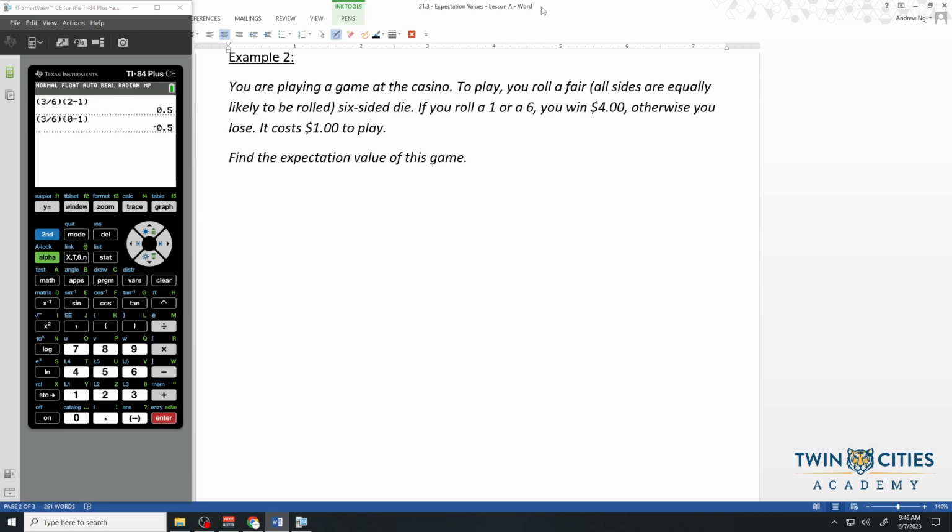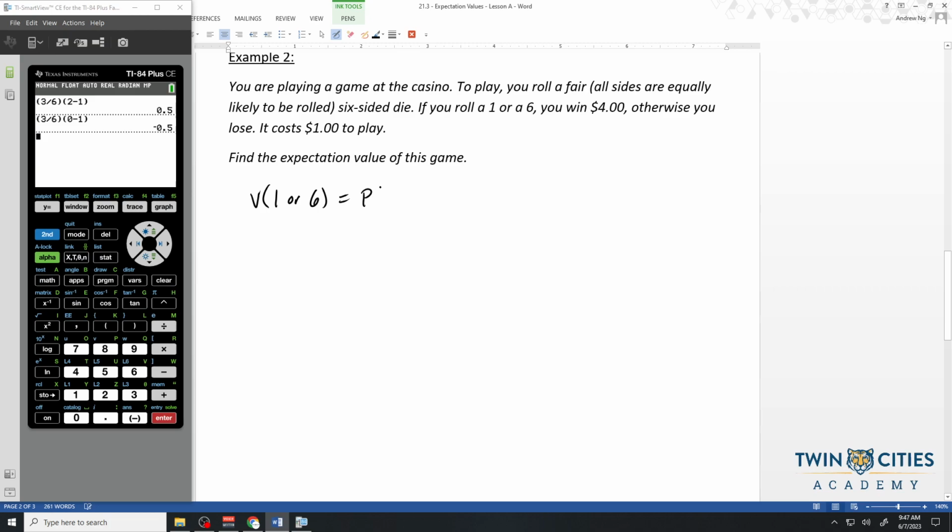So I ask myself, what are all of the possible things that could happen? Well, one of them is listed. If I roll a 1 or a 6, I win $4. So let's write that. The value of 1 or 6, this is going to be the probability of getting a 1 or a 6.